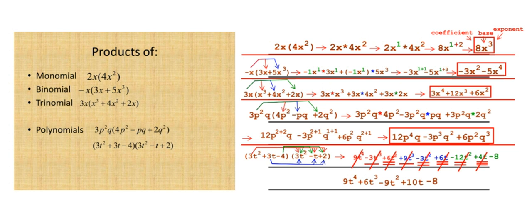One way to visualize this is if we think of fruits, similar fruits, right? We have 9 boxes of grapefruits. Let's say that represents the exponent of 4. We have 6 boxes of tangerines, exponent of 3. We have negative 9 boxes of melons and 10 boxes of oranges.